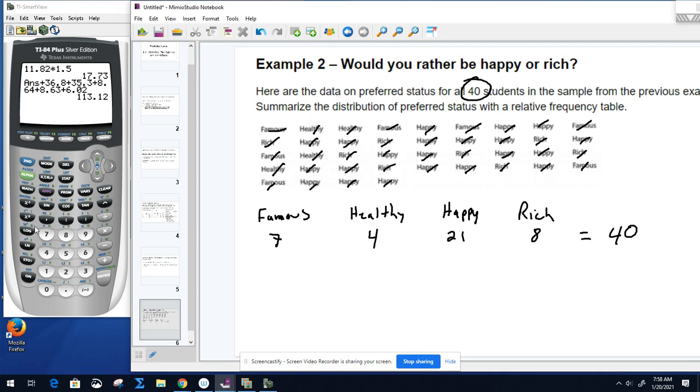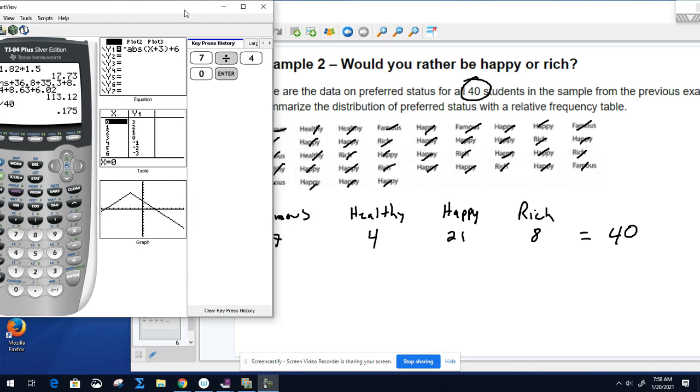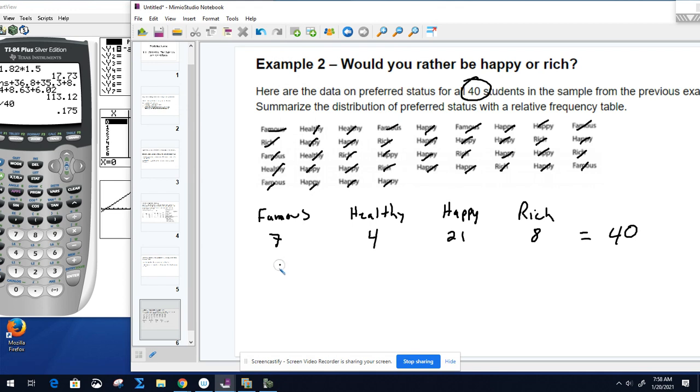We're going to take 7 divided by 40, and I would get 0.175 as the relative frequency. And again, how am I getting that? I'm doing 7 over 40 equals 0.175.